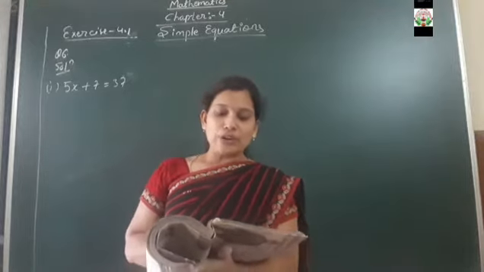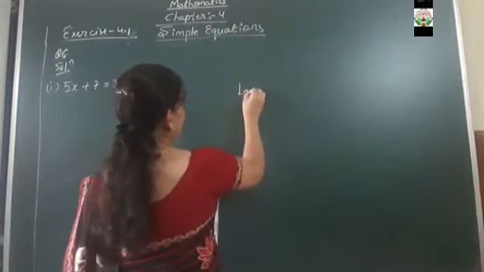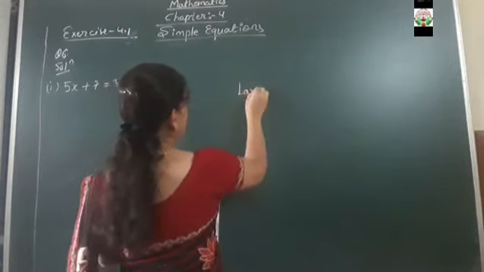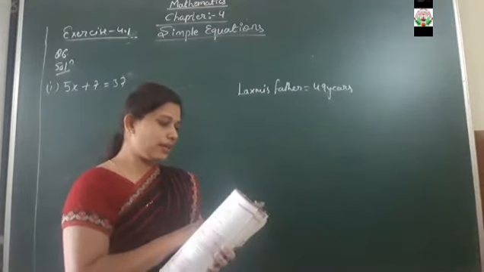Lakshmi's father is 49 years old. That means his father. Whose father? Lakshmi's father. How much is the age of Lakshmi's father? 49 years. This is the age of her father. Okay. He is 4 years older than 3 times Lakshmi's age.